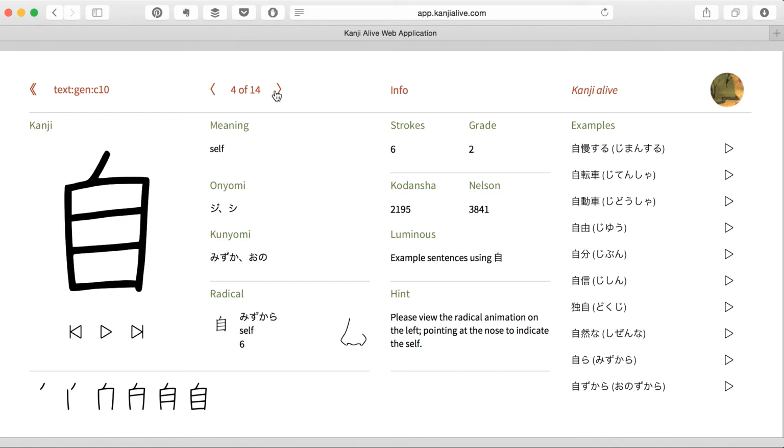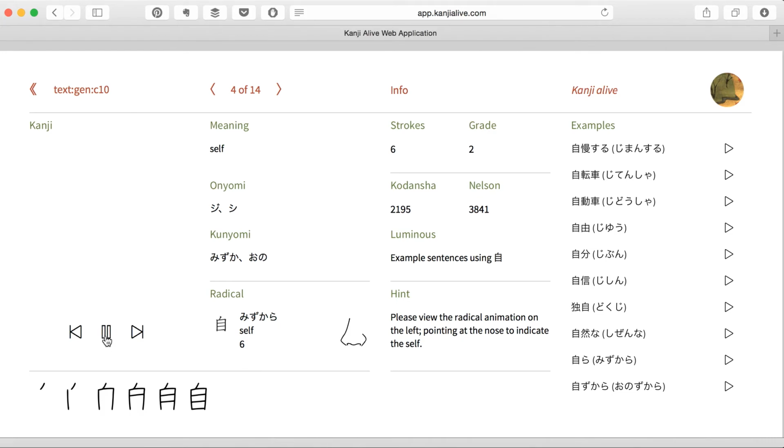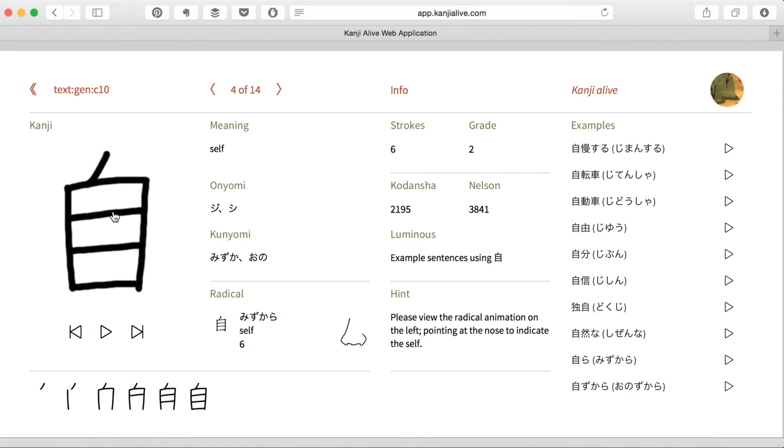For number 4, we have the kanji for self. This looks like the kanji for I, but with a little doohickey on top. You could also look at it as the kanji for white with one more line in it.